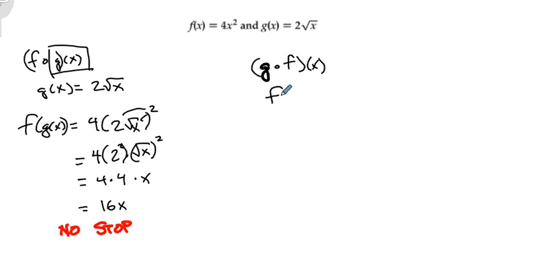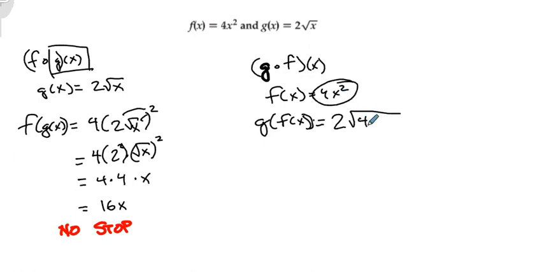My f of x is 4x squared, and then we're going to put that into g of f of x, which is going to equal 2 times square root of, and then it's got a built-in spot for us to put f of x in, so we're going to put 4x squared right there. And so this gives me 2, well, the square root of 4 is 2, and the square root of x squared is x, so it's 2 times 2x, which is 4x.